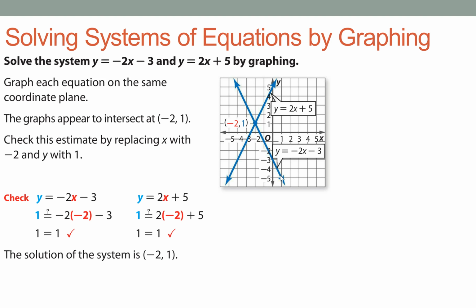All right, I'm assuming that you unpaused the video because you're done graphing. Let's take a look at the second equation, y equals 2x plus 5. So 5 is my y-intercept, so I'm going to go to the 5 on my y-axis, dot. My slope is positive 2. Now that takes me straight off the graph, so I'm actually going to go double negative because two negatives make a positive.